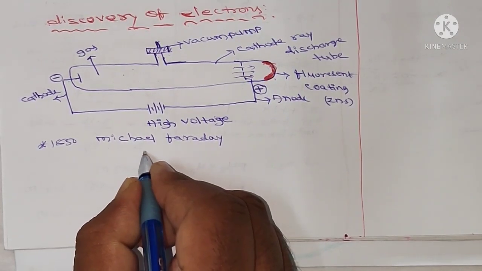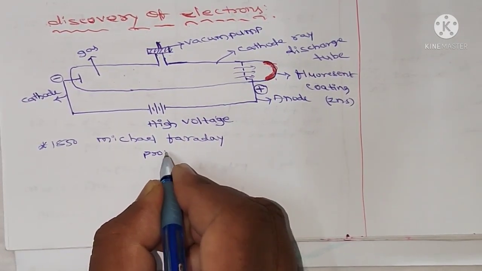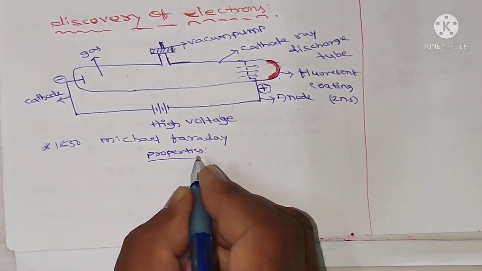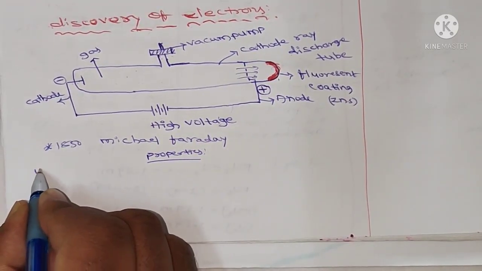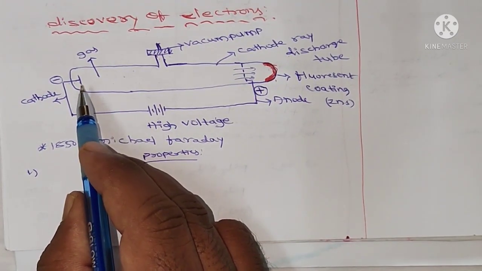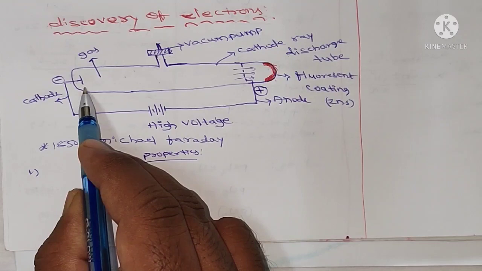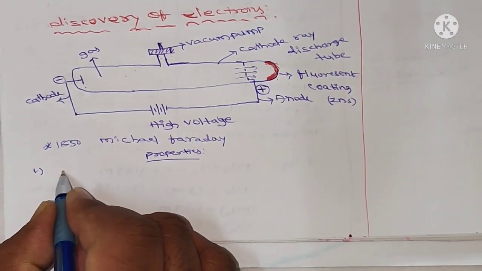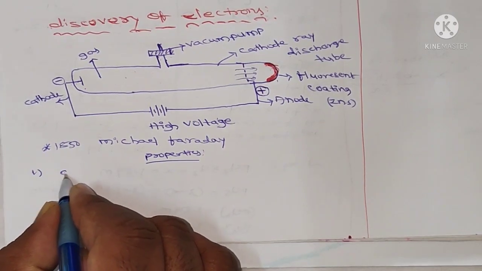So here are the properties. Number 1, the cathode rays start from the cathode and move towards the anode.